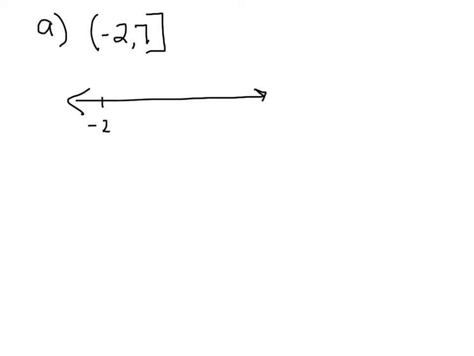So let's go to the got it problem on problem A. The question asks, what is the graph of negative 2, 7? How would you write negative 2, 7 as an inequality? Let's first figure out what our graph would look like. We have -2 all the way to 7.